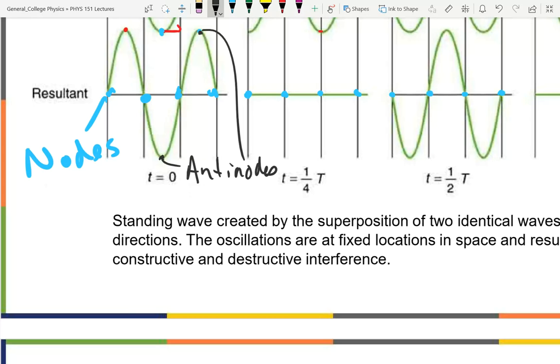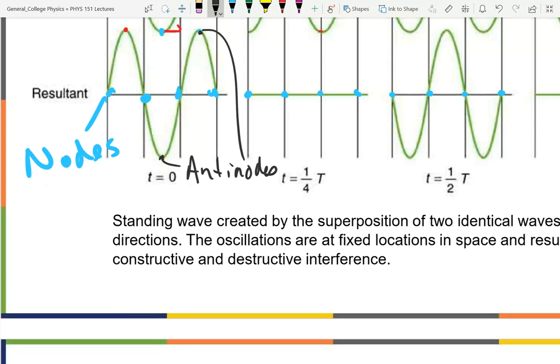Any place where it has to be either maximum displacement or has to be no displacement? Go ahead. Whenever it's back at its starting spot. Well, the node and antinode is, it's always there. So it's not that it moves away and comes back, it always stays put if it's a node. If it's an antinode, it's going to do its maximum displacement between positive and negative.